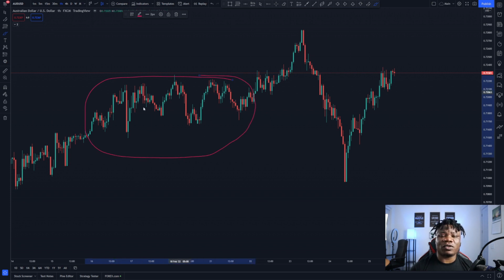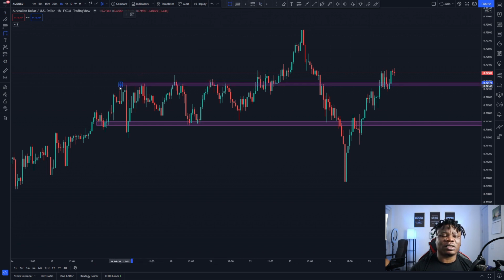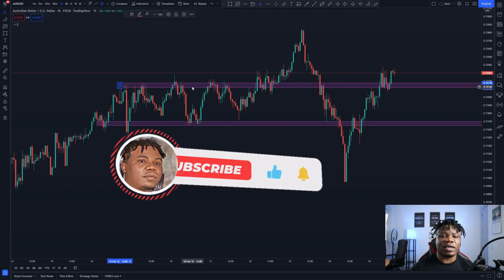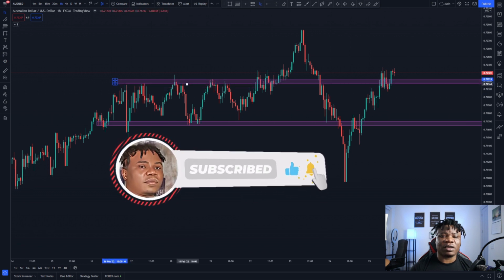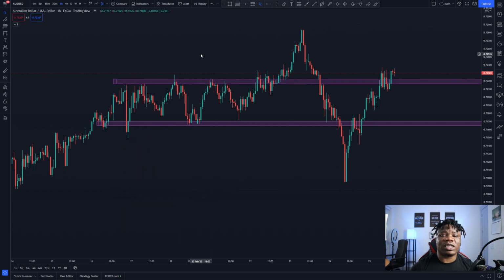Previously we had a zone here, which was our support zone. So we've identified our support zone. For our resistance zone, we can see that we had a resistance zone here. Those are the two zones that we need. We only need to identify our support and our resistance zone.